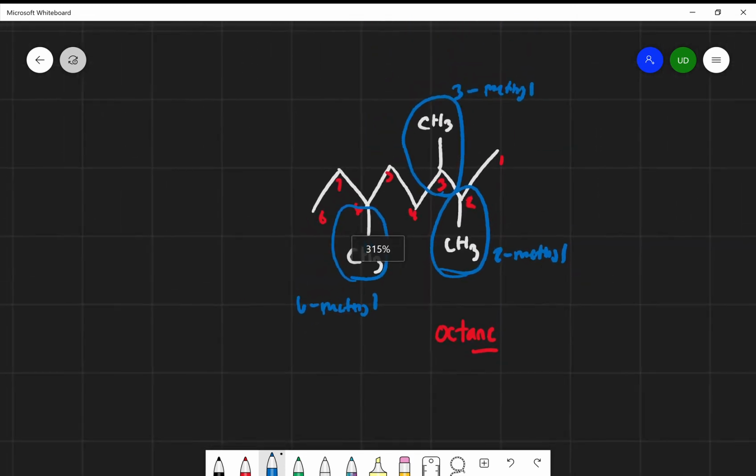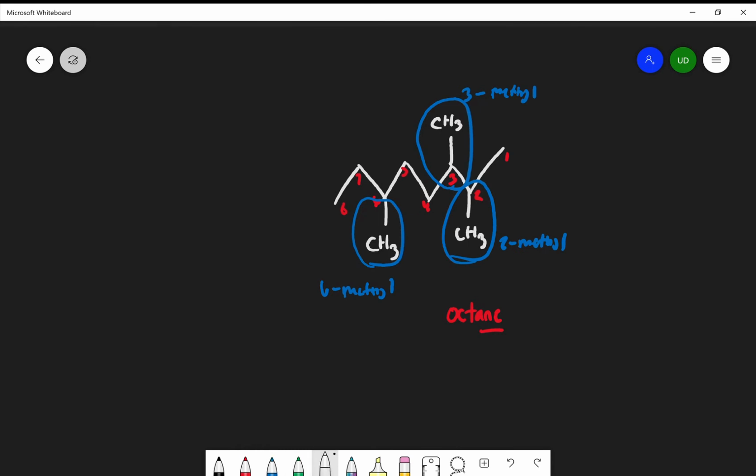So you would start by putting these in order. We've got 1 on carbon number 2, 1 on carbon number 3, and 1 on carbon number 6. Okay, we put a hyphen, and since we have 3 methyls here, we combine them and it'll be called trimethyl.